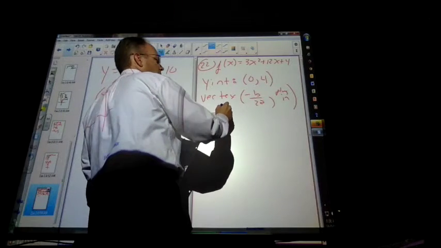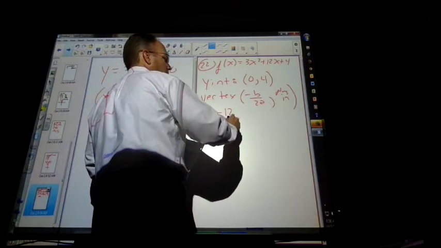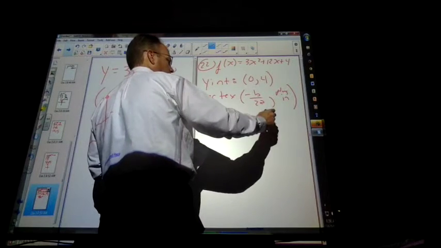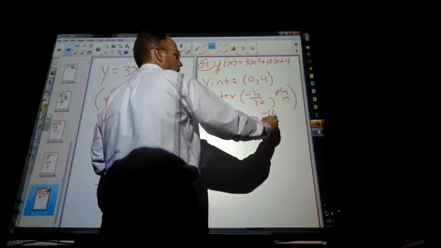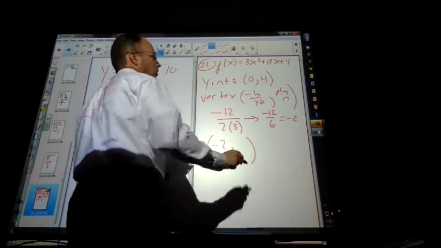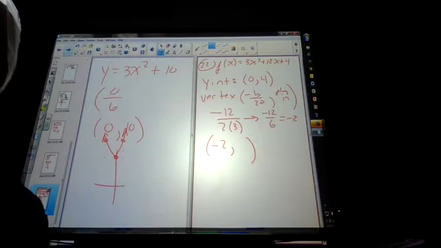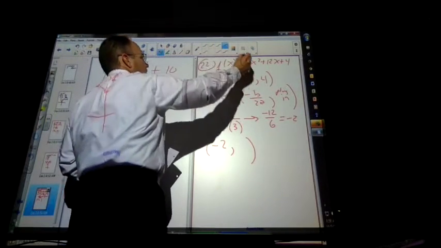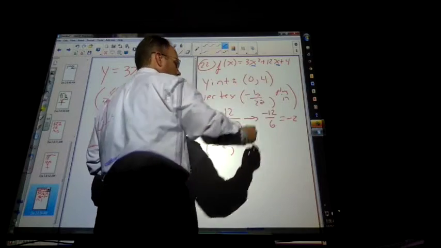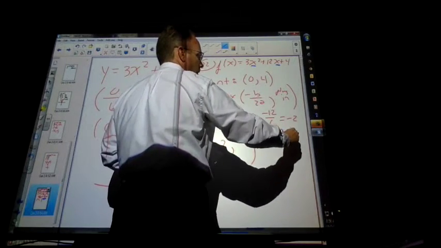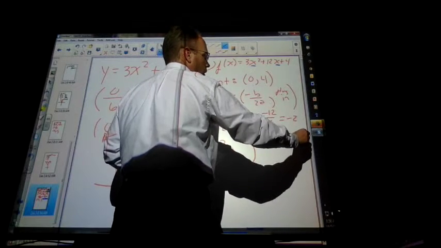So I have negative b over 2a. B is 12, over 2a. A happens to be 3, so I'm going to get negative 12 over 6, which is negative 2. So the x component of my vertex is negative 2. How do I find the y component of the vertex? Plug it back in. So I have 3 times negative 2 quantity squared plus 12 times negative 2 plus 4.